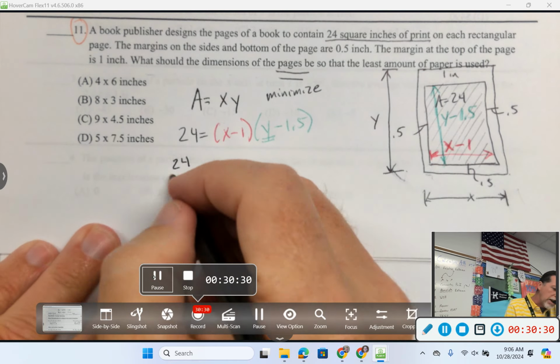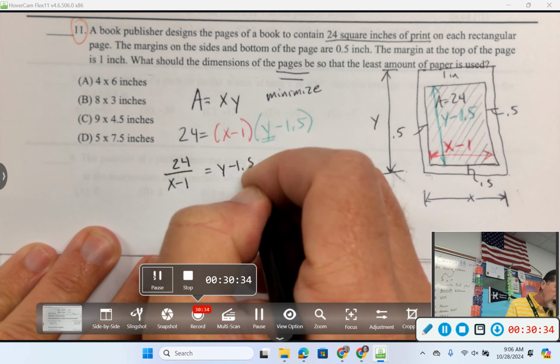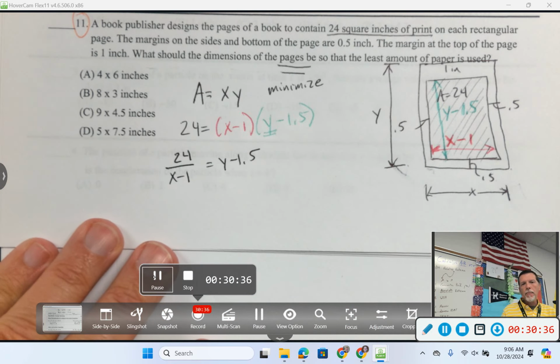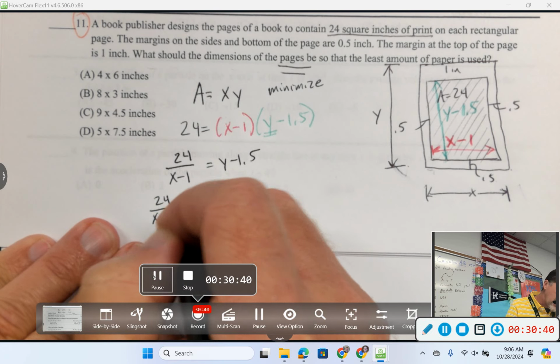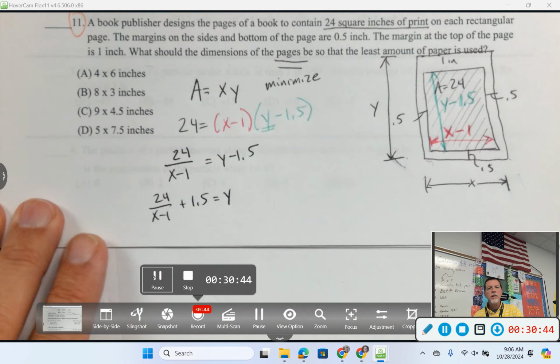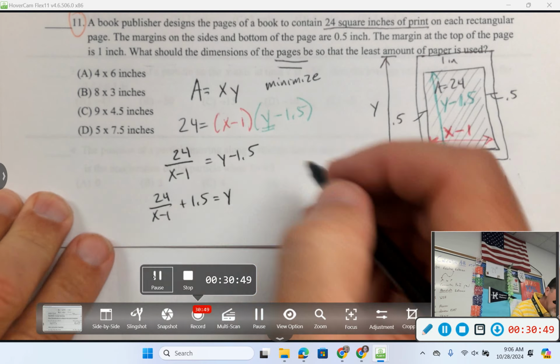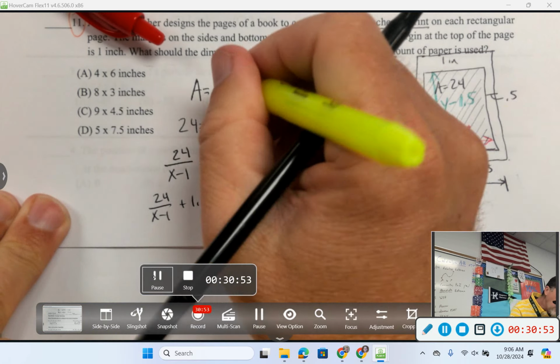I'm going to just start picking off the layers. So I'll divide by X minus 1, and then add the 1.5. So that's my expression for Y.